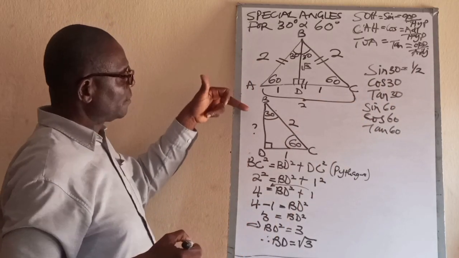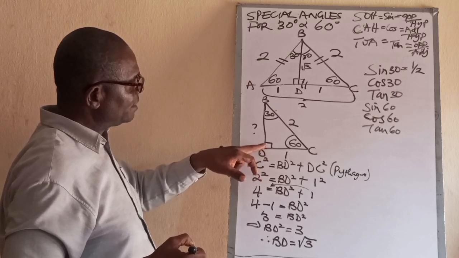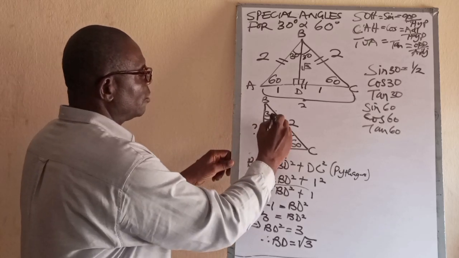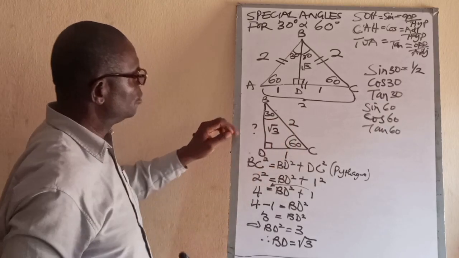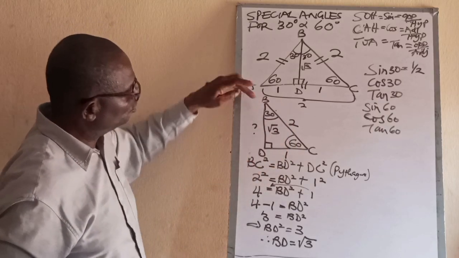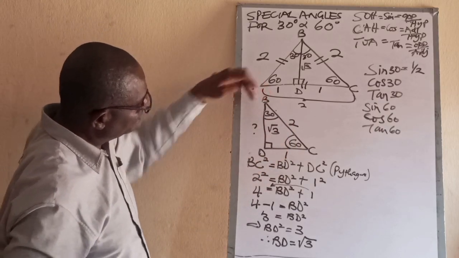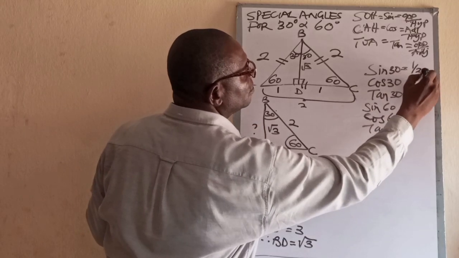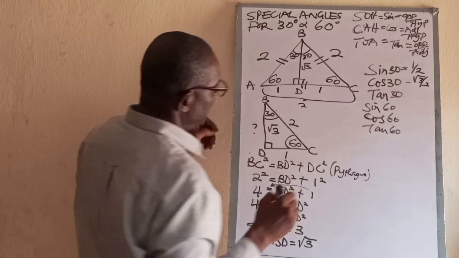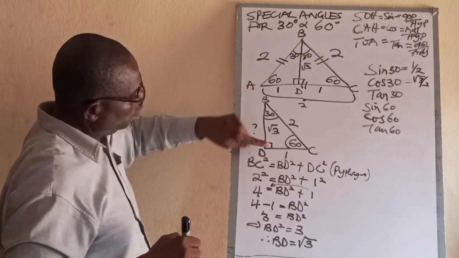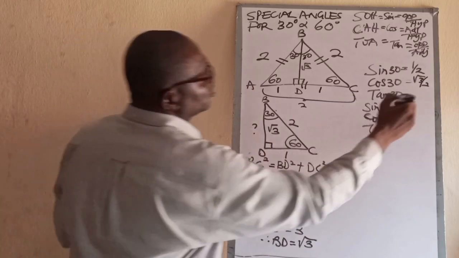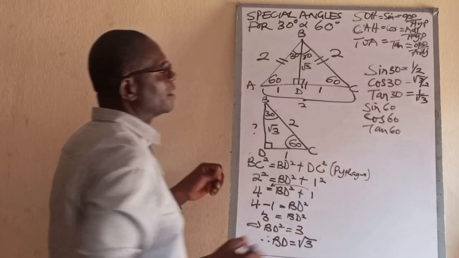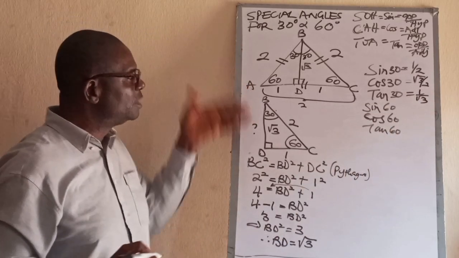Cos 30 is adjacent over hypotenuse, the adjacent being root 3, so cos 30 is root 3 over 2. Then tan 30 is opposite over adjacent, 1 over root 3. Very simple, so you don't need a calculator. You can commit it to memory and use it at any time.